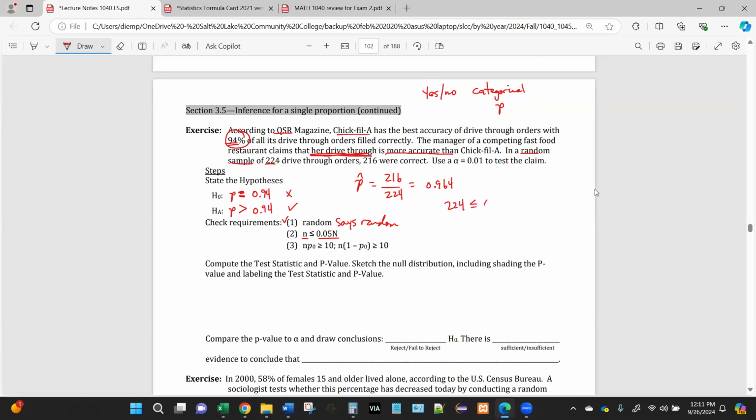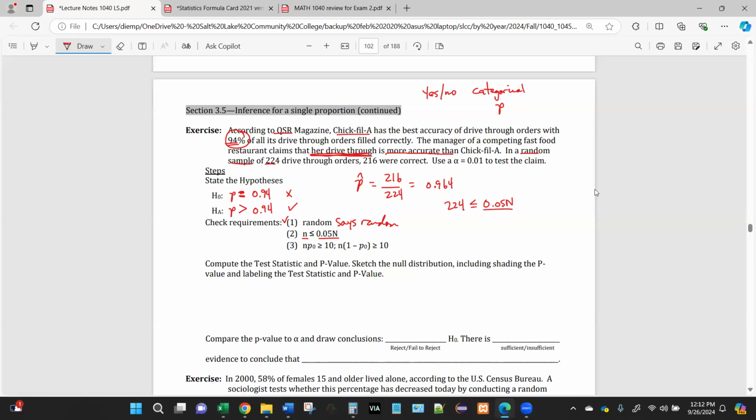So 224 has to be less than 5% of the population. So what's the population? The population here is all of the drive-through orders at the restaurant that is being managed by this person, right? So let's just assume she manages one restaurant. And so the population here would be all of the drive-through orders at the restaurant. So who knows what that is? It's not stated here.